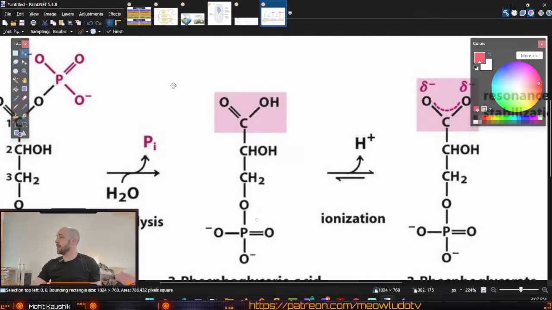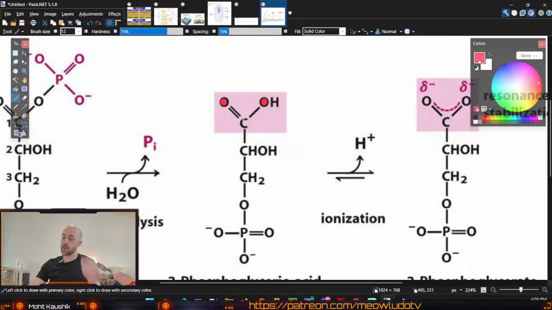It's because right here you've got the oxygen, and you've got the oxygen. Oxygens are what we call electronegative. When it's here, it's actually balanced out. When you have this structure though, there's going to be a competition for the electrons.